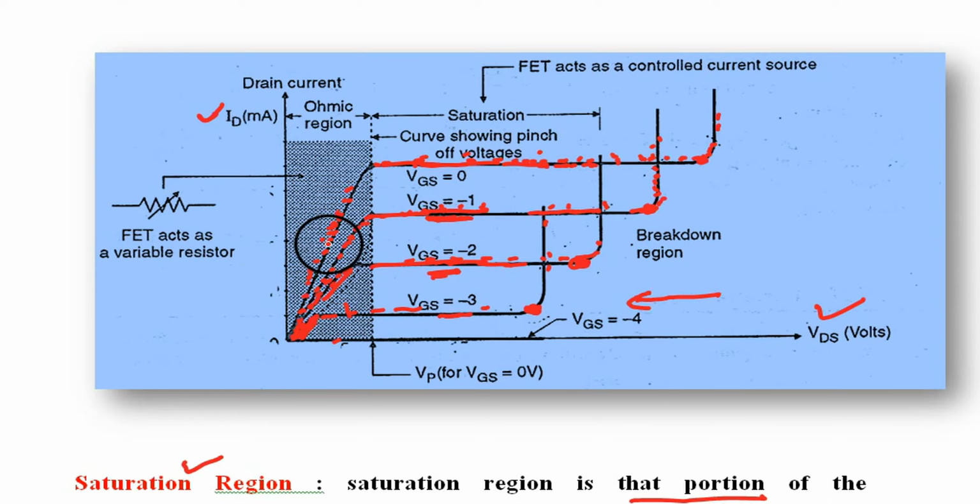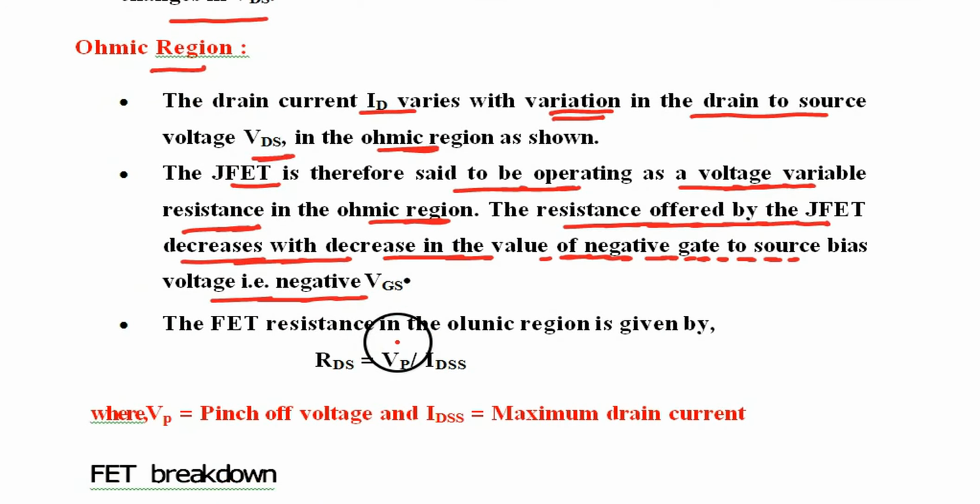Conduction increases means resistance is decreasing. So the JFET acts as a variable resistor. In this portion, it is a variable resistor whose resistance depends upon the gate source voltage.